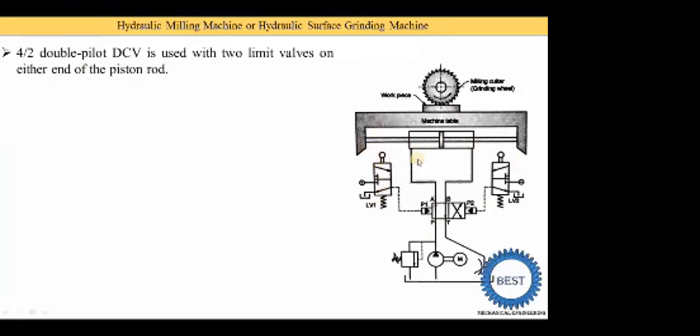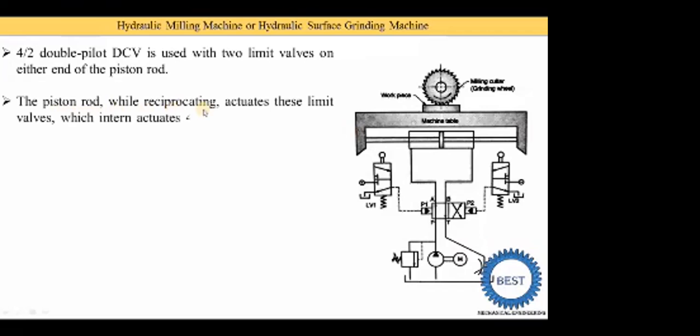So this end is able to move up to this part on the back side, and this end is able to move up to this point. They do not move ahead because this motion is changed by using the oil supply. The piston rod, while reciprocating, at that time what happens? It actuates this limit valve.